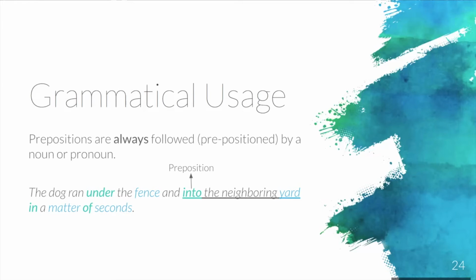Into is a preposition, followed by the neighboring yard, yard being the noun. And in a matter of seconds is also a preposition followed by a noun. A preposition plus the noun it accompanies forms a prepositional phrase, which is where that word comes from.